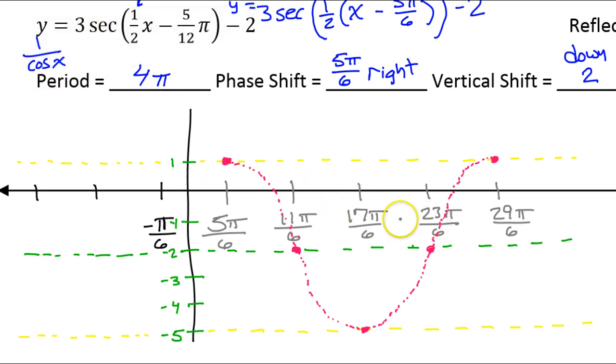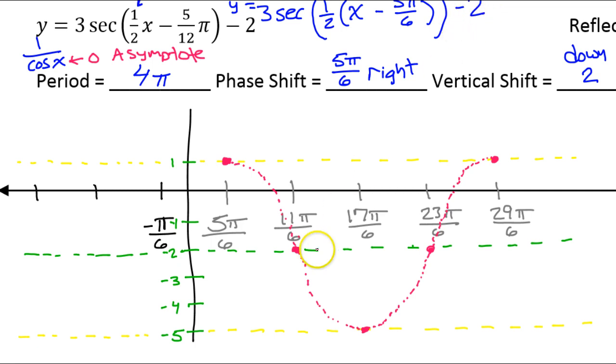Now, I hope I left myself enough room. Because secant is 1 over the cosine, if cosine is 0, that's where I'm going to have an asymptote. Now I know that this doesn't look like it's 0, but that's just because of the vertical shift.